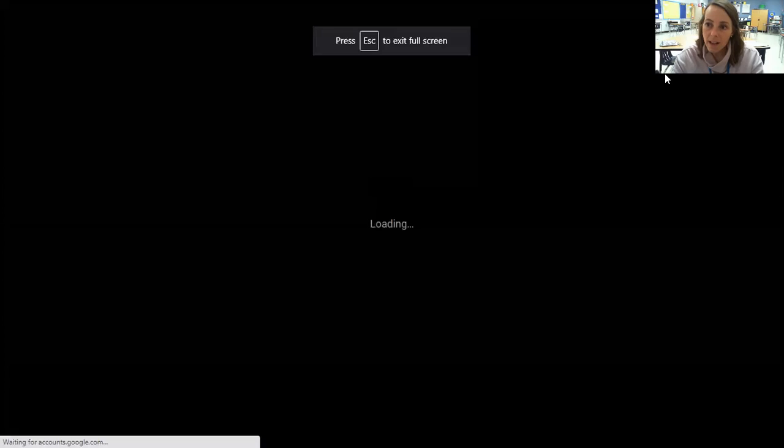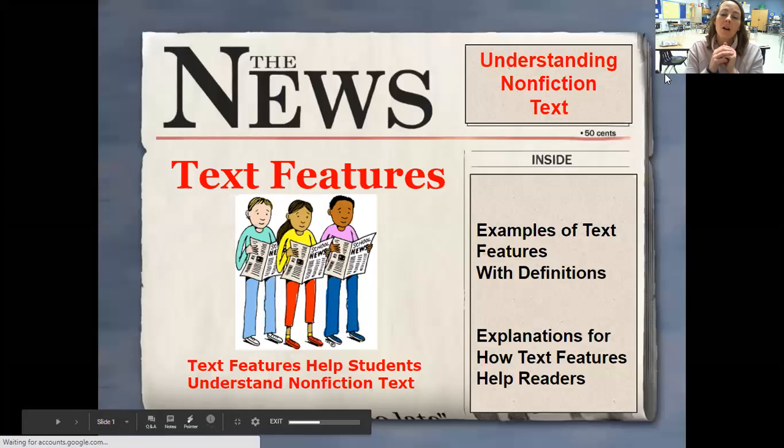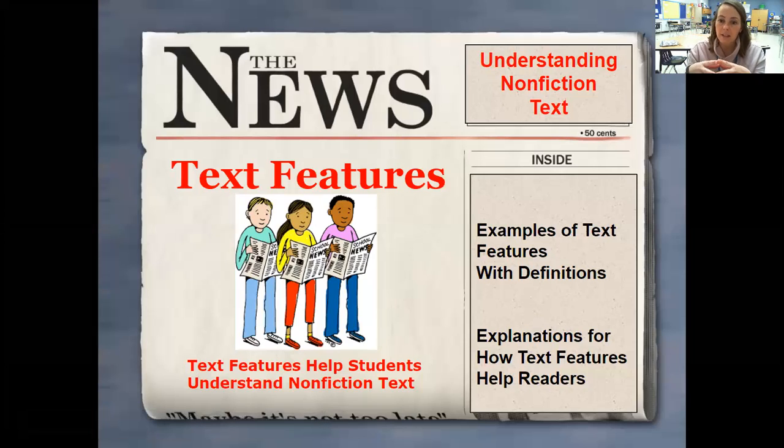Now later on, we will go a little bit deeper with text features, and we're going to be working on figuring out why the author put those text features in the text, okay? So we're going to talk about that a little bit today too. But our main goal for this week is just to be able to identify and name them in the text.